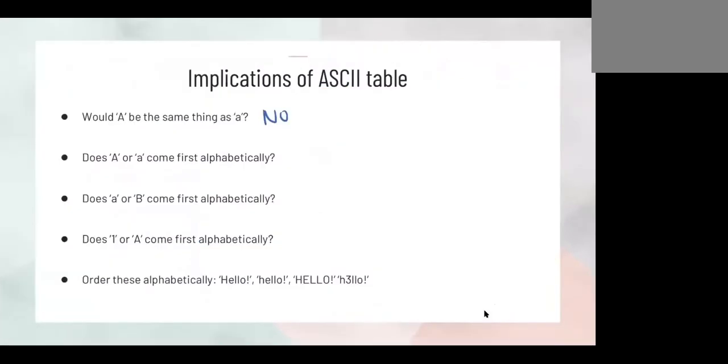So which one comes first, capital A or lowercase a? We are going to say capital A comes first. So which one comes first here? Lowercase a or uppercase B? What do you guys think?